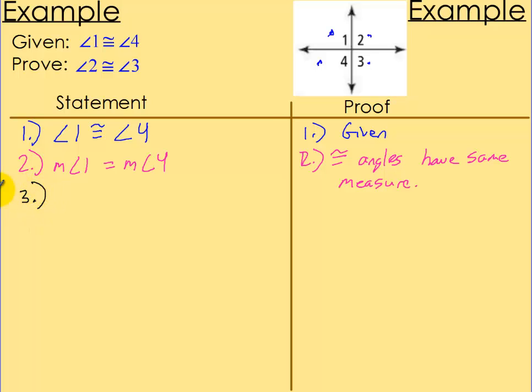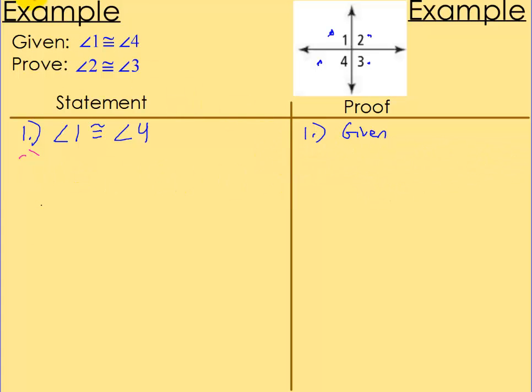So what do I want to do from this point? Well, you know what? I don't even need to say this measurement here. I'm actually going to go backwards. I don't want to do that. So sometimes you might go one path and you say, wait a minute, that's not the way to go. And that's okay. Just cross off your mistakes or erase them and try something else.